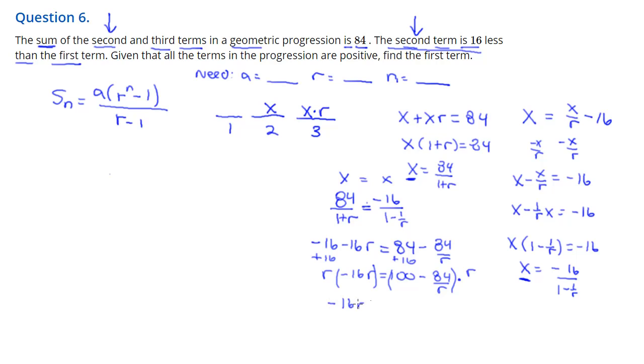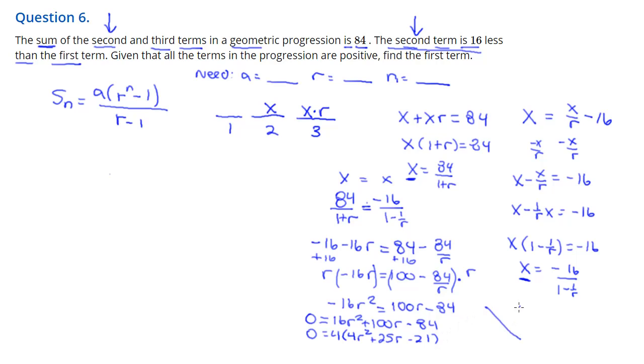So that's going to give me negative 16R squared is equal to 100R, and now it's just going to be minus 84. Now it's a quadratic, so I'm going to add 16R squared to both sides and make it equal to 0. And then I can either use the quadratic formula or try factoring it. In this case, it divides by 4.